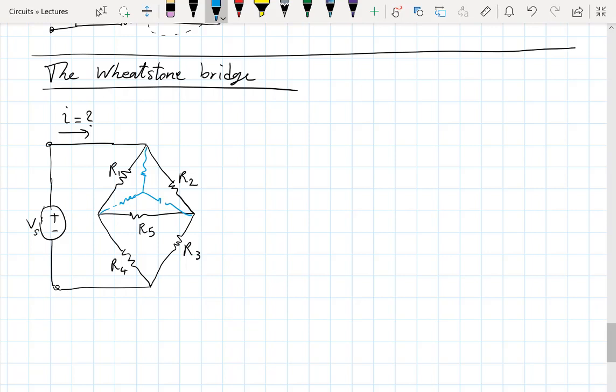Instead of turning that delta into a y, I could have also done something else, maybe. Could I have transformed a y into a delta? Does anyone recognize a y here?